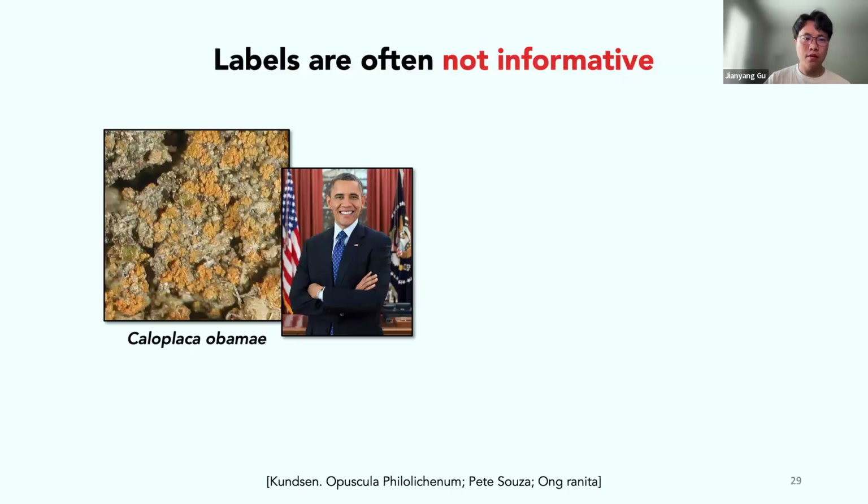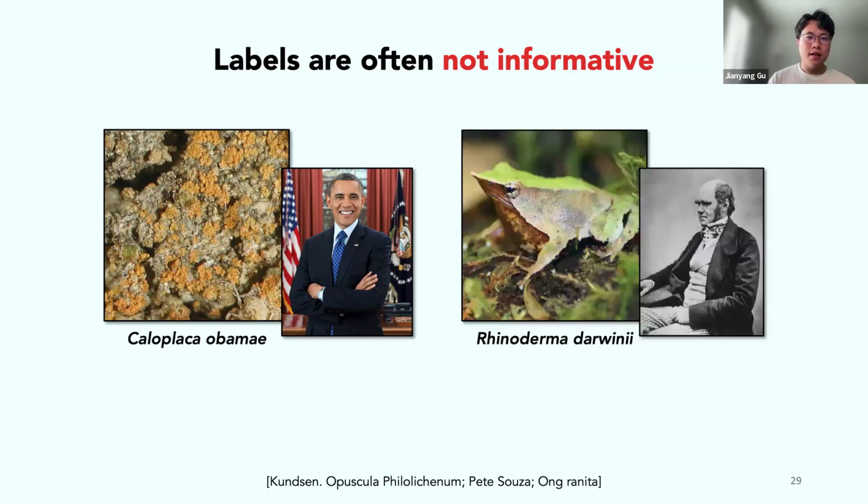Okay, so BioClip 2 is good and it leverages these structured labels. However, labels are often not informative. For example, this fungus is named after Obama, but I won't say that it has any visual traits from Obama. And similarly, this frog is named after Darwin, but I won't say they share any similar visual appearance.